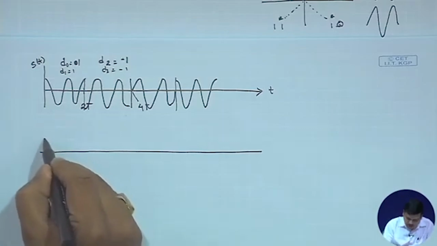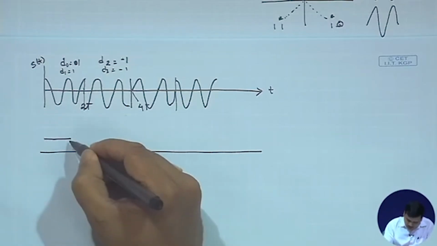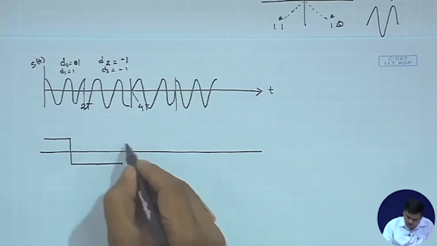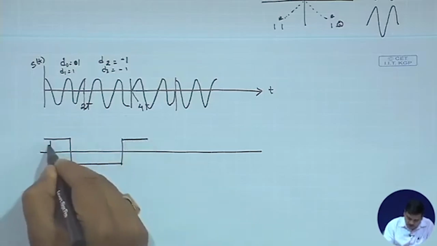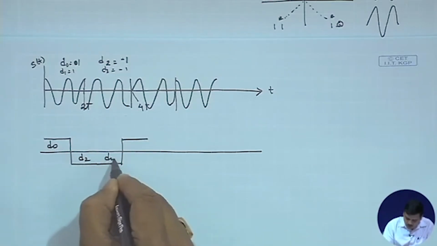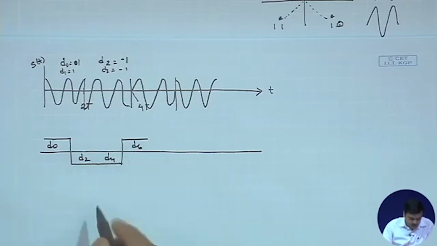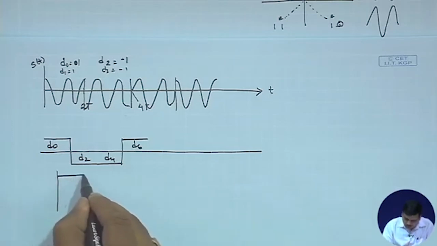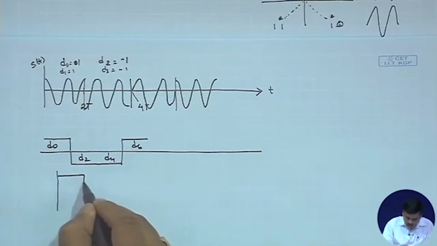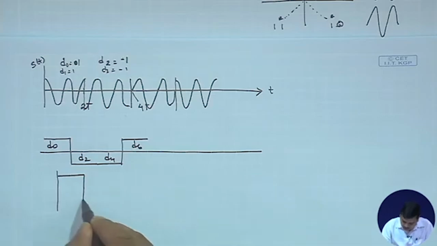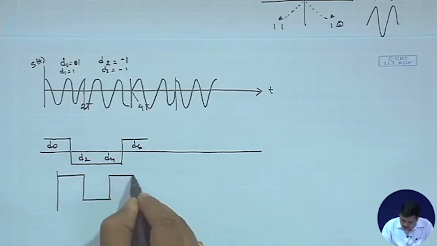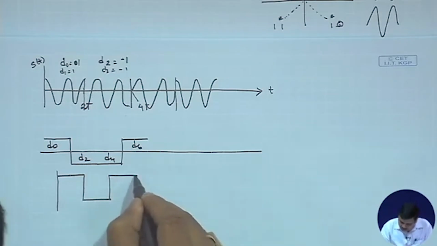Let us say the I channel we draw over here first: D0, then we have D2, then D4, and then D6. And the other signal that we have is D1, and D3, D5 and D7.